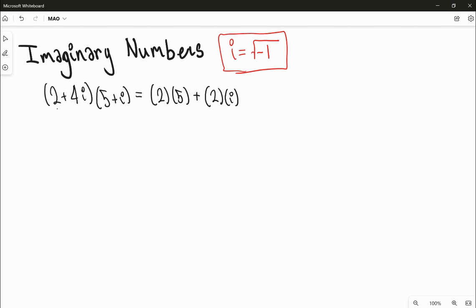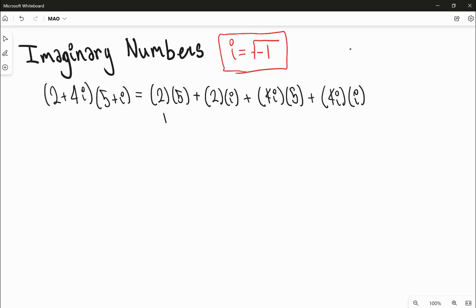If you can see, I'm doing 2 times 5, then 2 times i, going in that order, plus 4i times 5, plus 4i times i. Let's get rid of these weird dots here. That was only for you guys to see where I was multiplying everything.